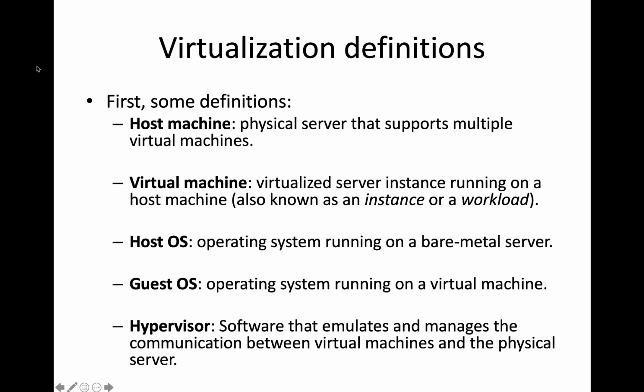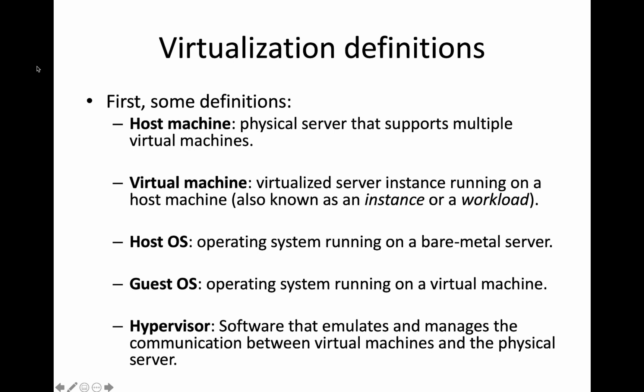And then we have the virtual machine. The virtual machine is that virtualized server instance. It's that simulated server that's running in software, and that's running on the host machine. Sometimes we call it a virtual instance, or sometimes you might hear me call it a workload.